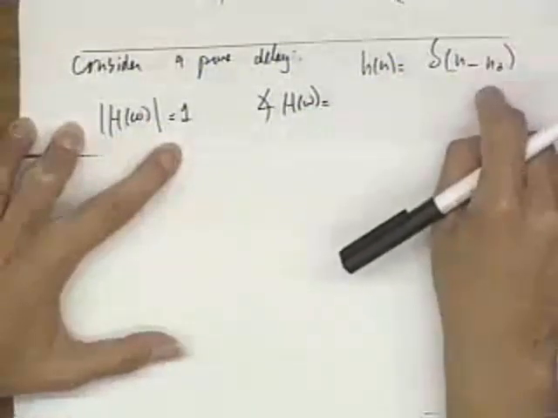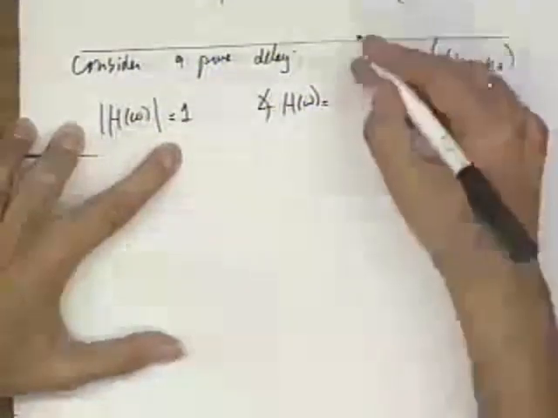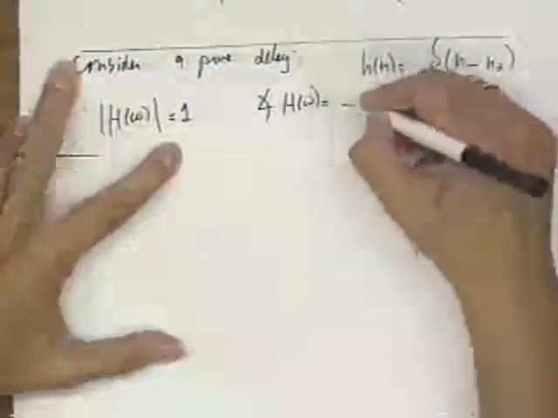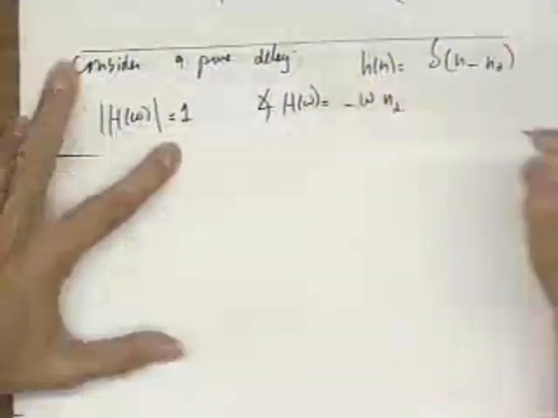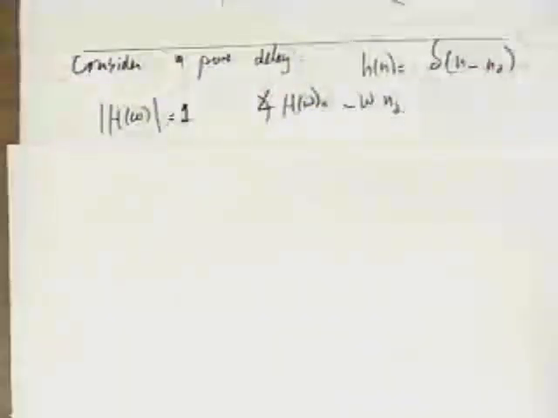You can compute the Fourier transform of that. The discrete time Fourier transform is e to the minus j omega n sub d, right? It's just a delay element. So the phase of it is minus omega n sub d. You can see that by just writing down the expression.